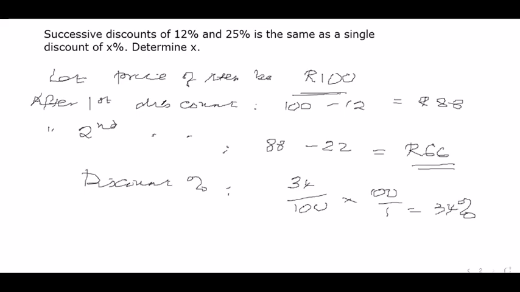You could have done it in a more complicated fashion using X's. Instead of saying let the price be 100, you could have said, let the price be X rands. In which case, you can still make the calculation, but now you don't have any numbers to work with. In that case, what you would have had is the first discount will leave 88% of X. So it's 88 over 100 times X, right? Not times 100. So it's 88X over 100. And then after the second discount, 25% is taken away.